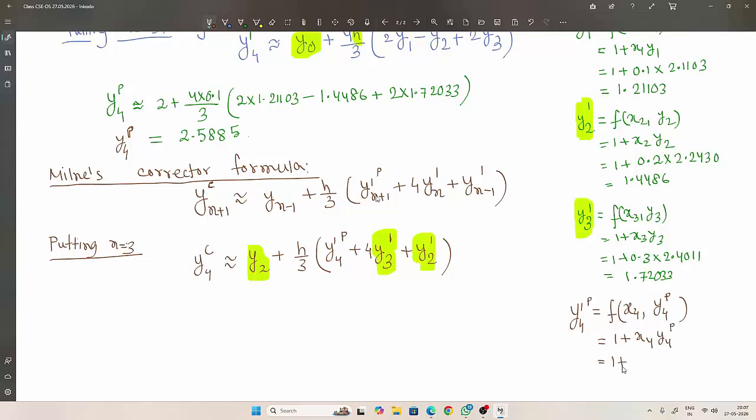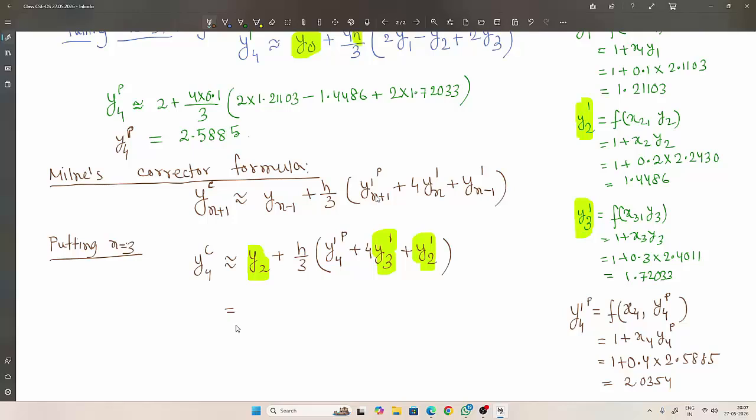So 1 plus x4 value is 0.4 into y4 prediction value is 2.5885. Now multiply it and tell me the value. What y4 prime p are you getting? 2.0354. Okay.